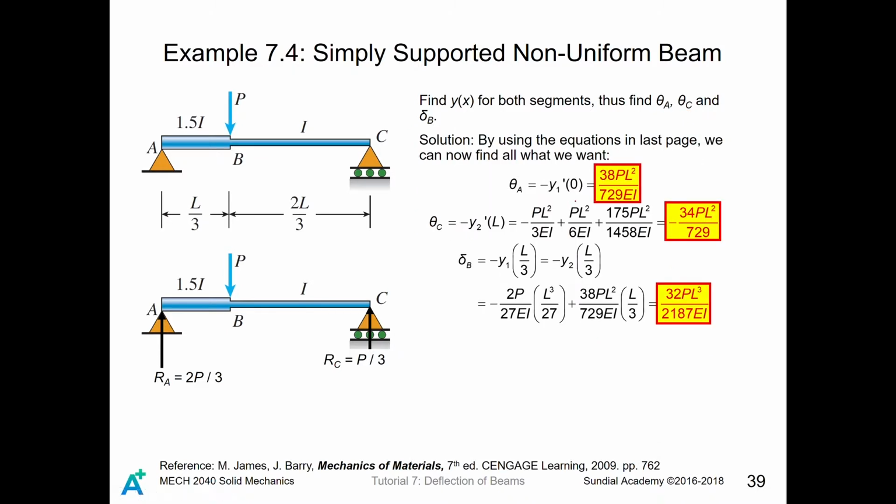For theta A, the location is 0, so we put it into y1 prime of 0. And similar for theta C and delta B. So later on you can try it yourself.